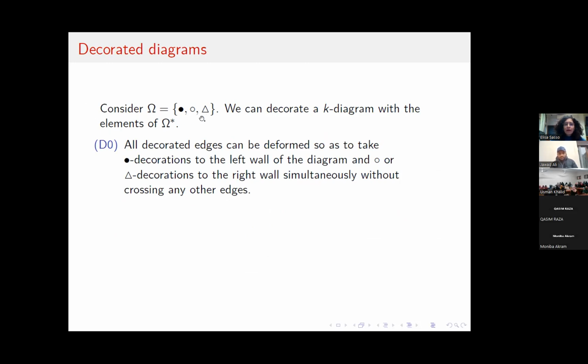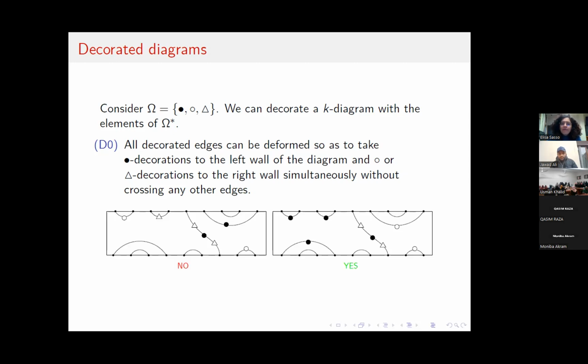And we will decorate the edges with words, sequences of these elements. We have to follow rules, of course, and for example, the most important rule is this one. So it's a bit complicated. I don't know if you can see my hands, because I will explain this with my hands.